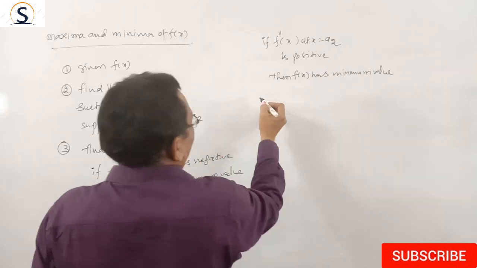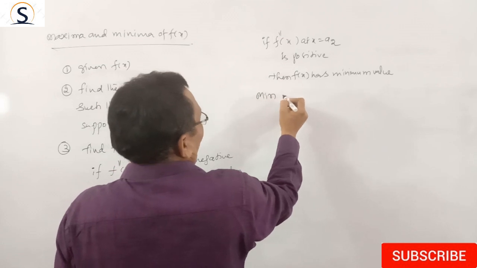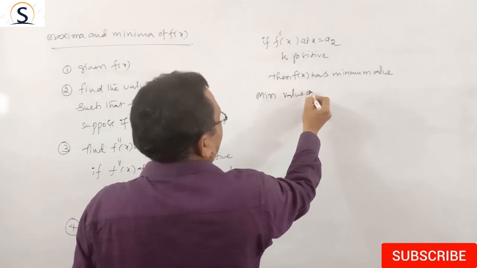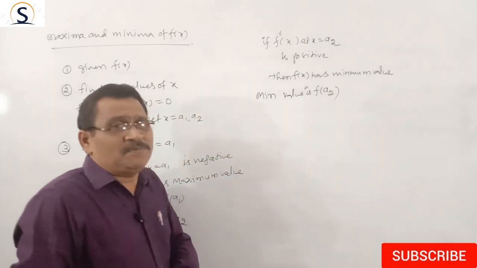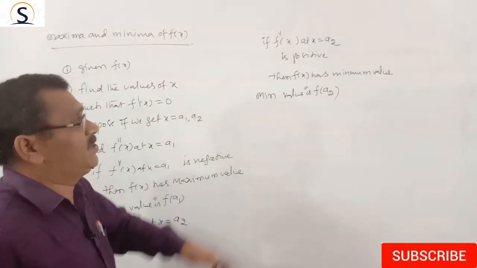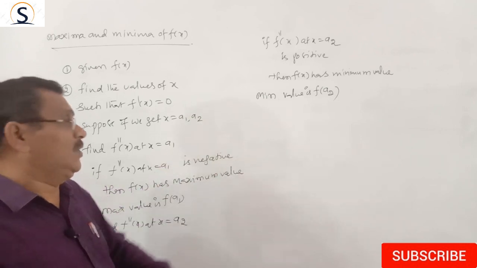What is that minimum value? The minimum value is f of a2. So substitute a2 in the given function, you get the minimum value.